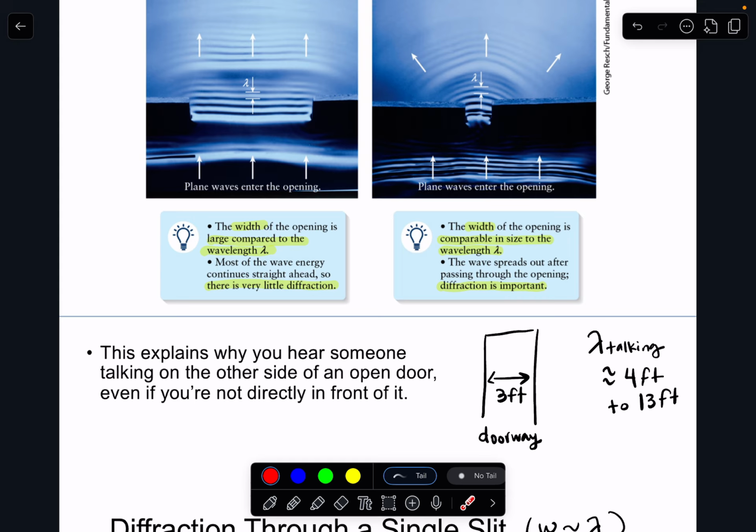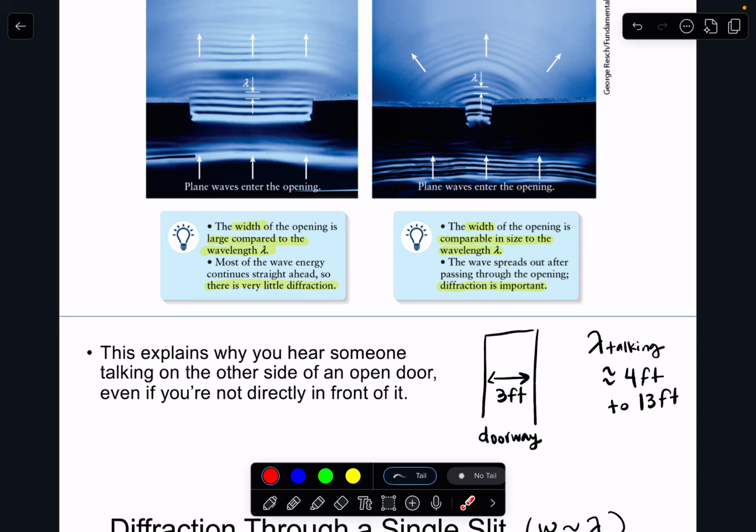The wavelength of sound that comes from human voices is roughly 4 feet to 13 feet, and a doorway is roughly 3 feet wide, so it's comparable. Therefore, the sound is going to go through and spread out in all directions, and we can hear the voice even if we're all the way over here from the door.